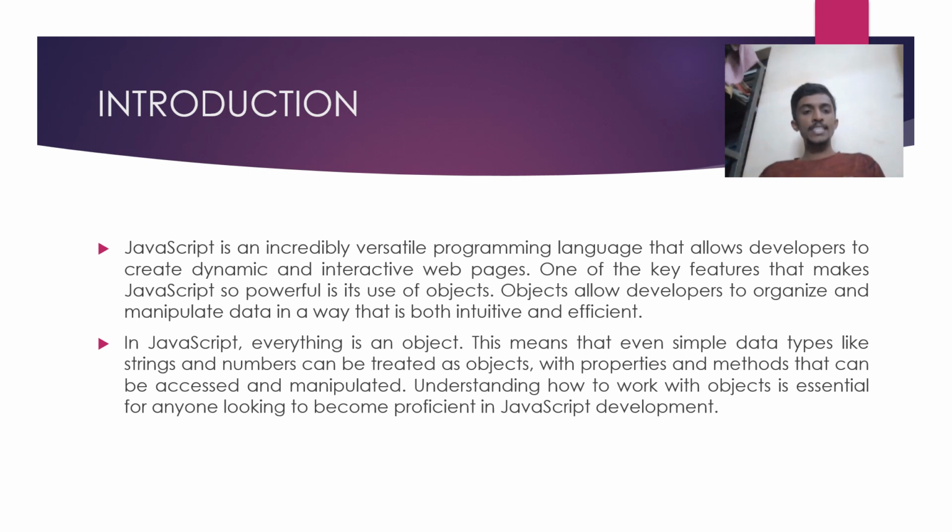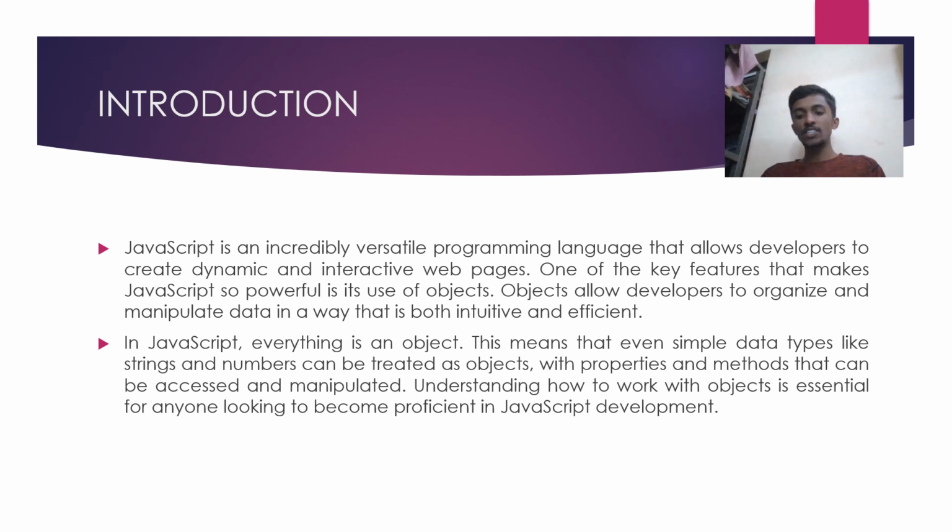So let's get into a small introduction about objects. JavaScript is an incredibly versatile programming language that allows developers to create dynamic and interactive web pages. One of the key features that makes JavaScript so powerful is its use of objects. Objects allow developers to organize and manipulate data in a way that is both intuitive and efficient.